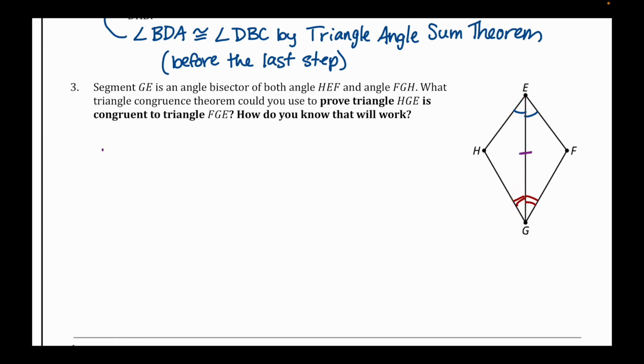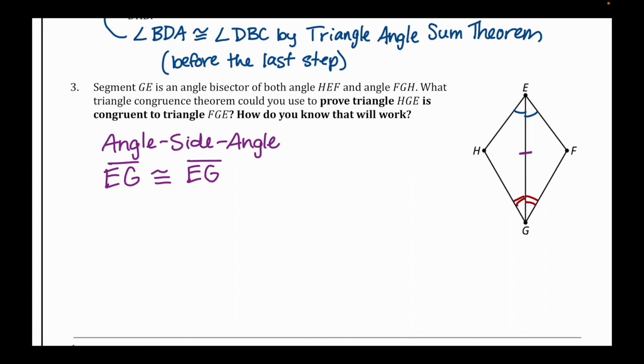So we could use angle side angle. And how do you know that will work? So we would say EG is congruent to EG.